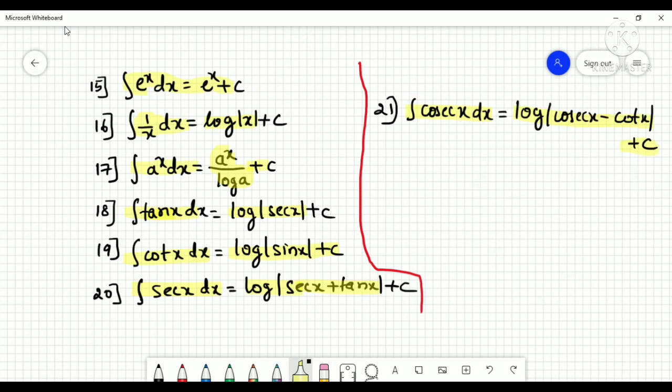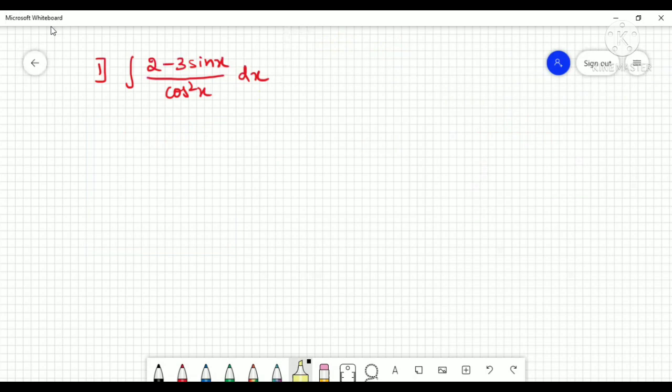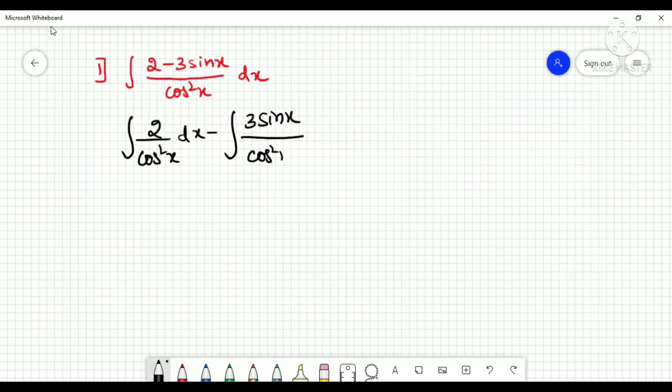Now let me move on to the first one. Integration of 2 minus 3 sin x by cos square x dx. Now I will separate this: integration of 2 by cos square x dx minus 3 sin x by cos square x dx.